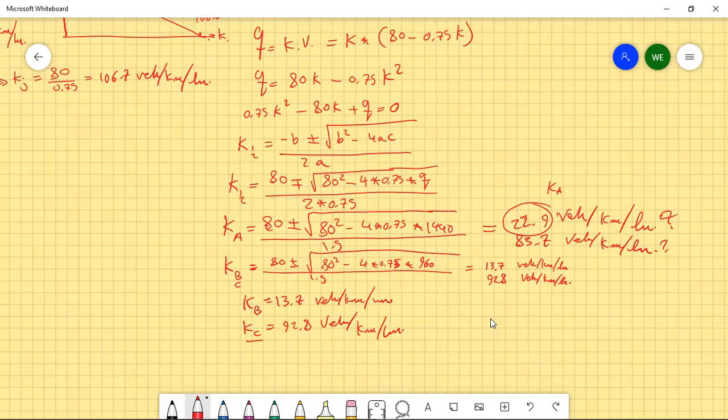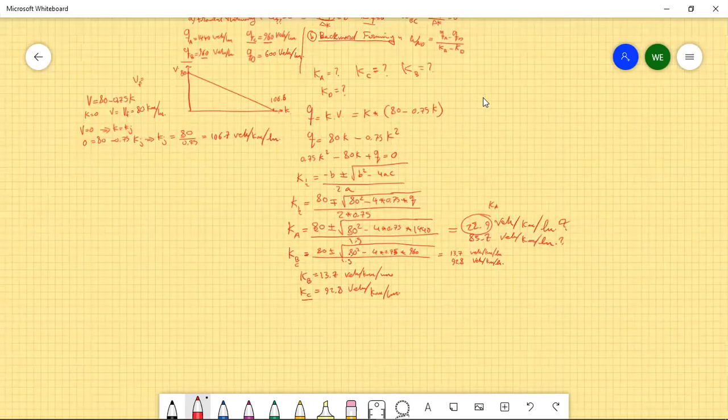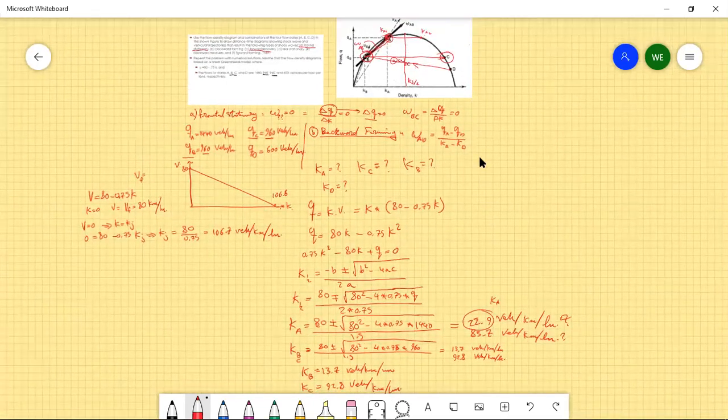Clear? Okay. Now we want to find the density for D, and the flow for D was 600.